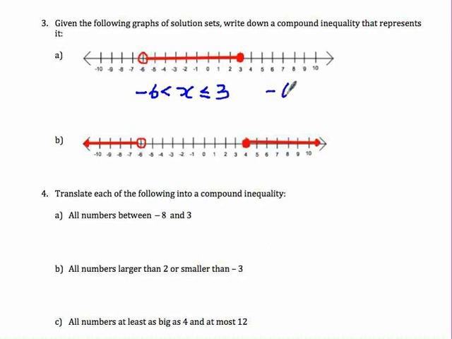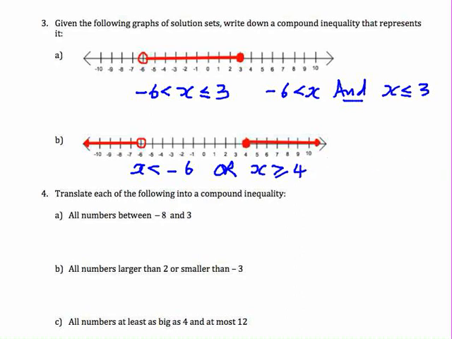The other acceptable version of the answer would have been x greater than minus 6 and x less than or equal to 3, the important word being and. In the second example, in question 3b, your correct solution set should have been x less than minus 6 or x greater than or equal to 4.